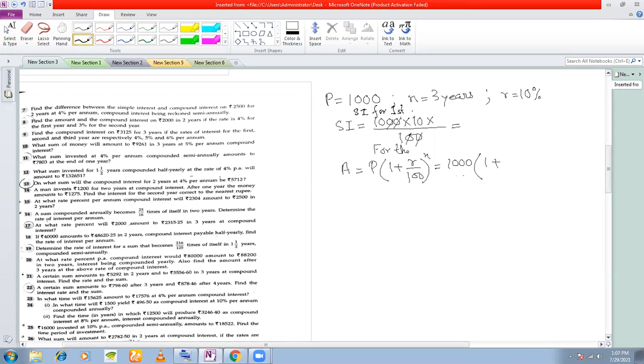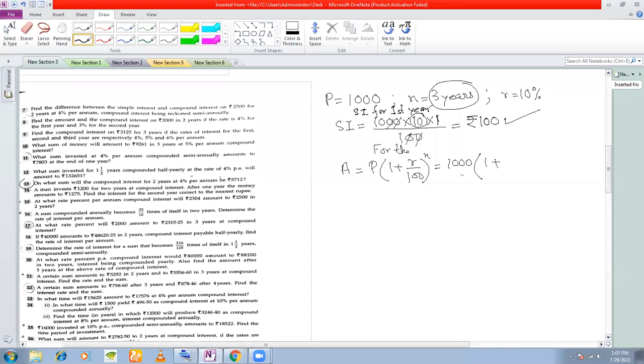So at the end of first year, how much interest are you getting? Principal is 1,000. Rate is 10. Because you are calculating at the end of the first year, time should be 1 year, right? So therefore, now you cancel, you'll get 100 rupees. Although you are investing for 3 years, at the end of first year your simple interest is 100 rupees.